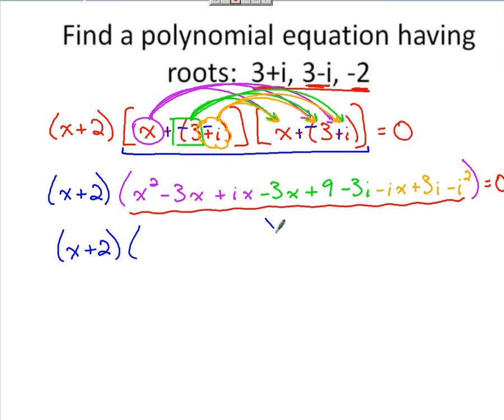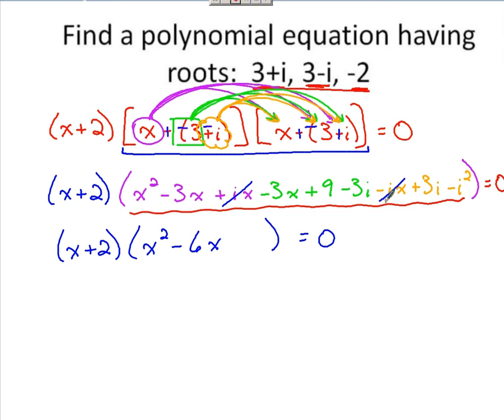But cleaning up this big mess I have from the previous step, I should find, as far as the x squareds are concerned, we just have 1x squared. If I start joining x's together, I've got a -3x and a -3x. It appears to be the only x's I really have to play with, so that's -6x. Because the other x's that are present here have i's in them. In fact, those cancel each other out.